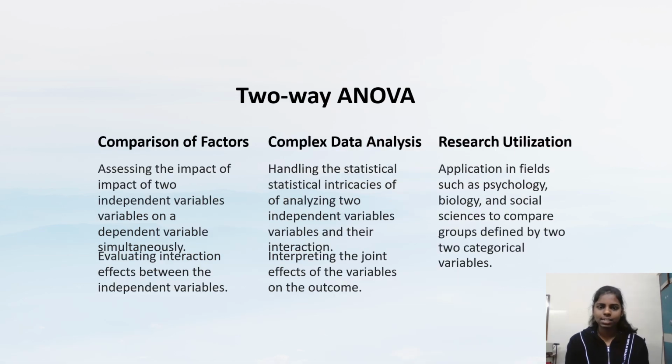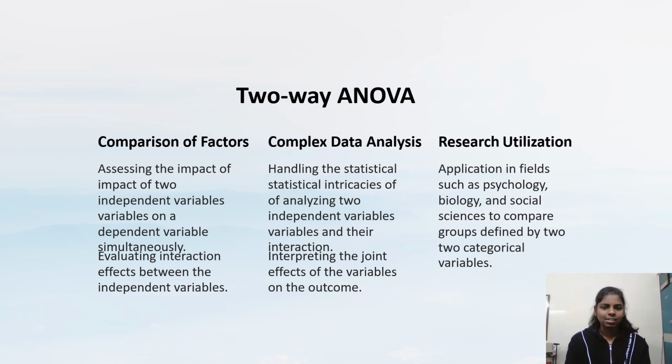Now let us see the second type of ANOVA, that is two-way ANOVA. Comparison of factors: assessing the impact of two independent variables on a dependent variable simultaneously, evaluating interaction effect between the independent variables.